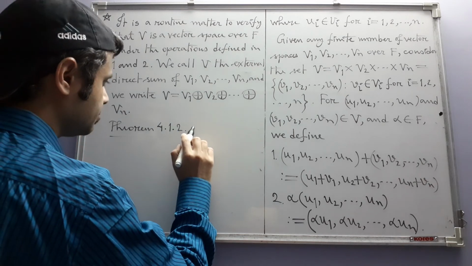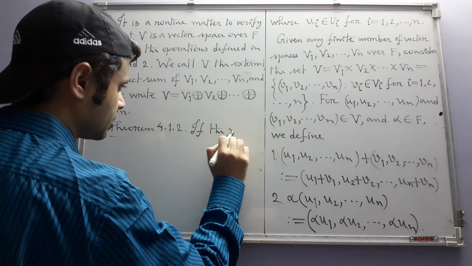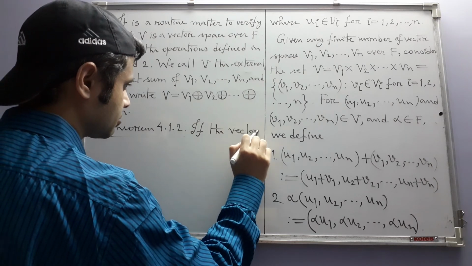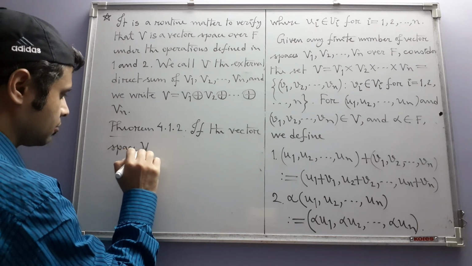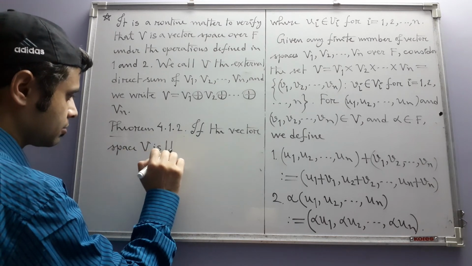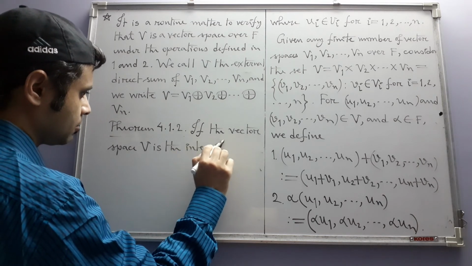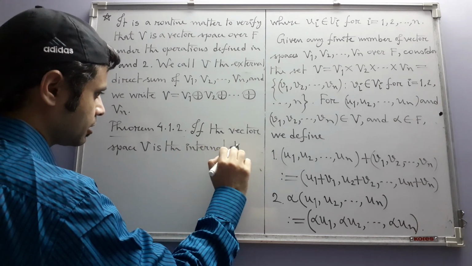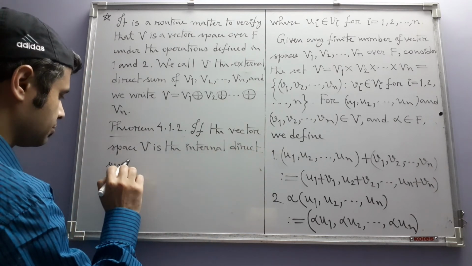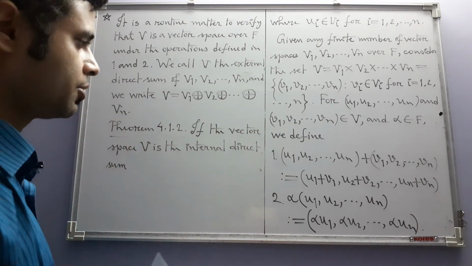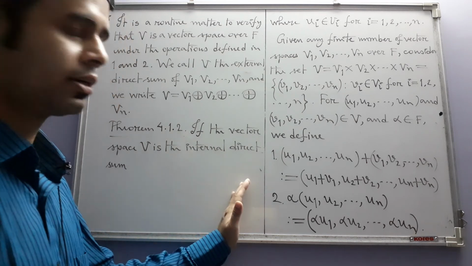If the vector space V is the internal direct sum, there is a corresponding concept in group theory, namely direct product.